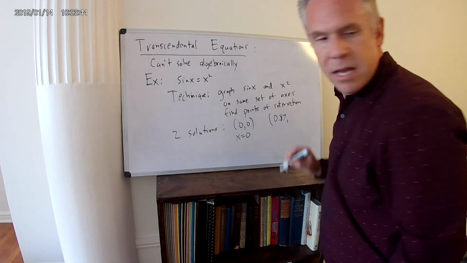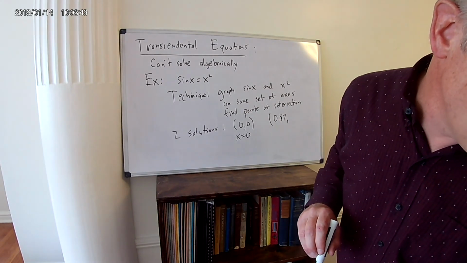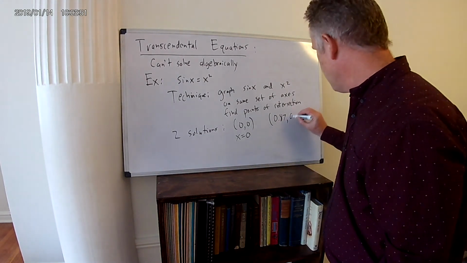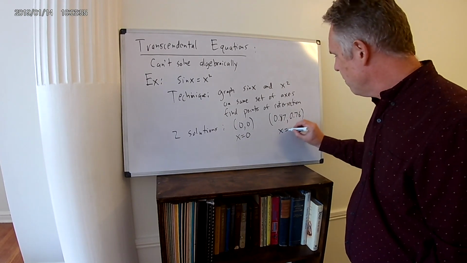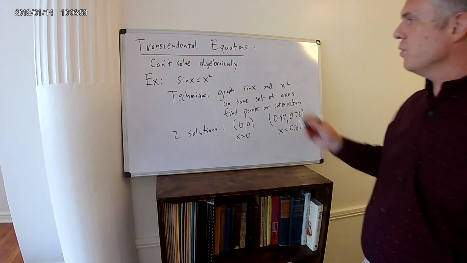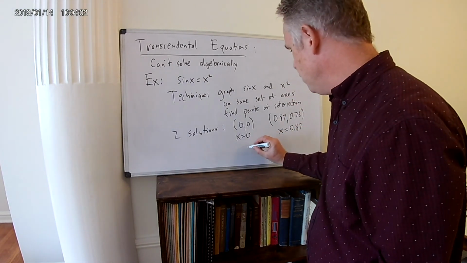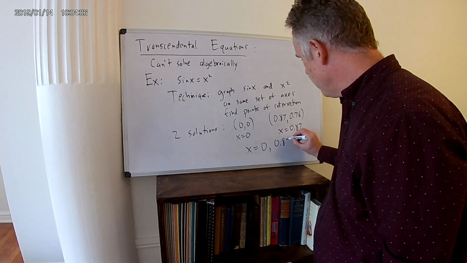And for y, it's 0.76. Those are my two points. So in this case, x is 0.87. This equation has exactly two solutions: x equals 0 and x equals 0.87.